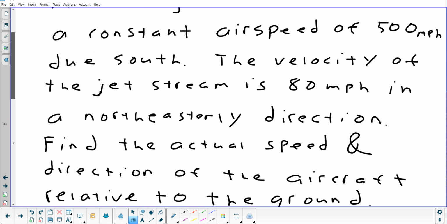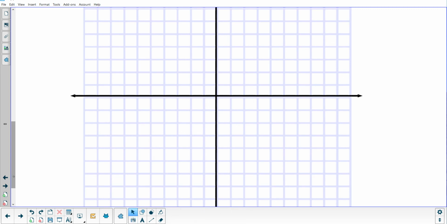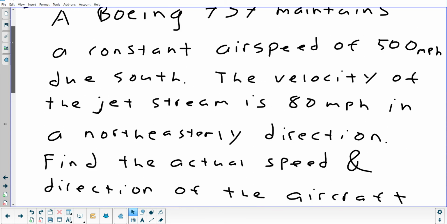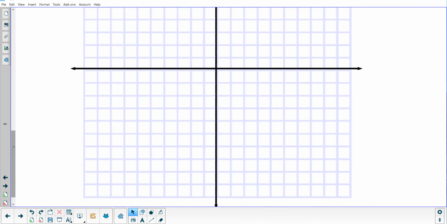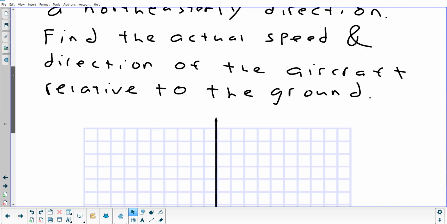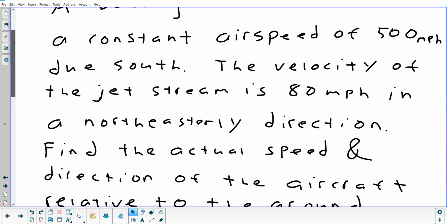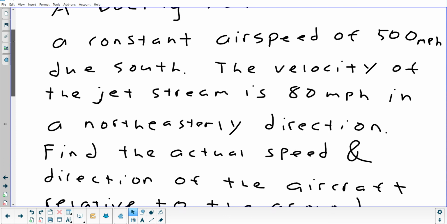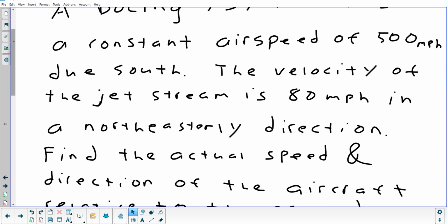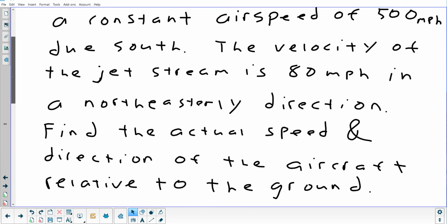All right, so let's start by drawing a velocity vector for the plane. What direction is the plane traveling? South. So the plane is traveling south, and let's let that be the velocity vector for the plane. I'll call that v sub p. Now I need a velocity for the wind. We'll call that v sub w. What direction is the jet stream blowing in?